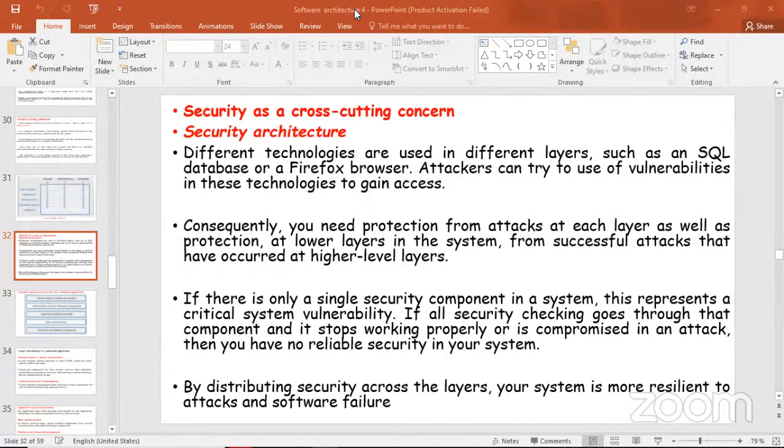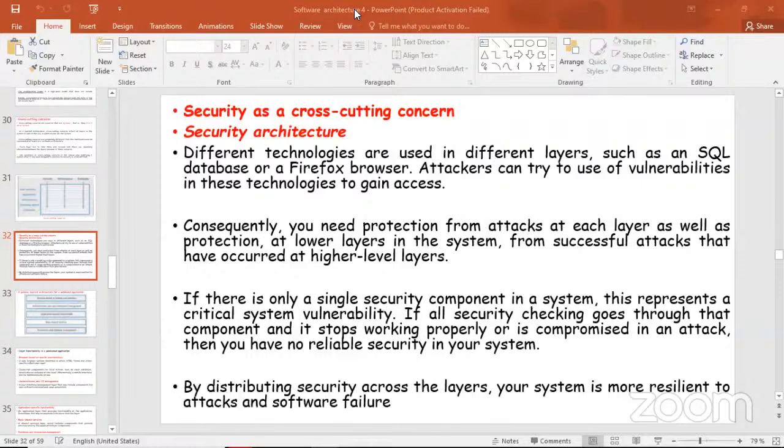So if there's only a single security component in a system, this represents a critical system vulnerability. If all security checking goes through that component and it stops working properly or it's compromised in an attack, then you have no reliable security in your system, right?